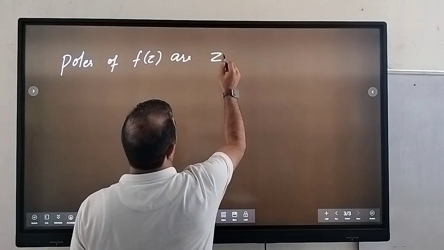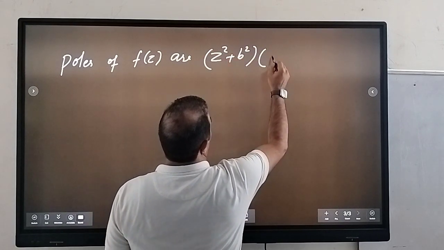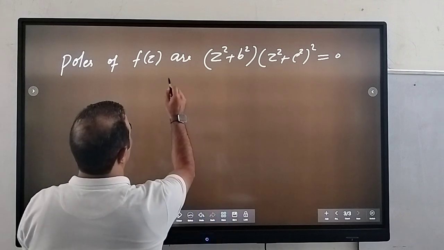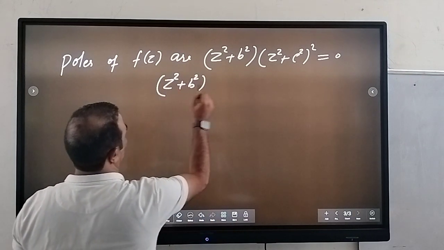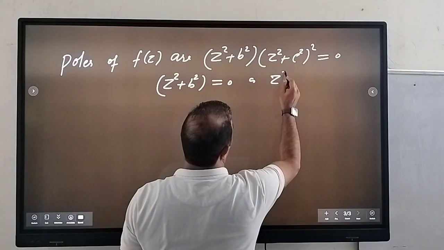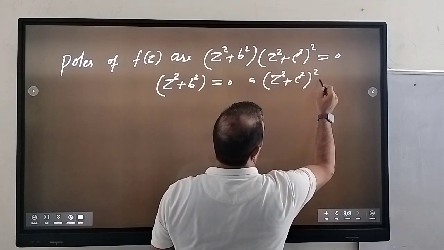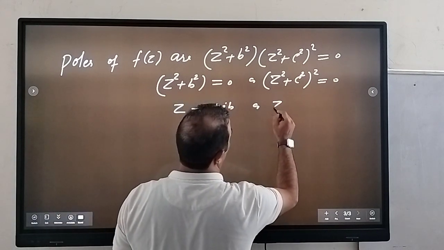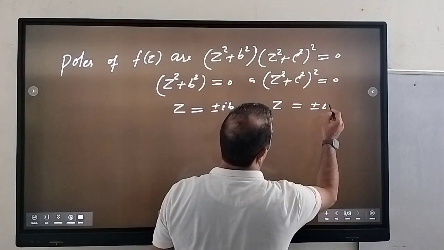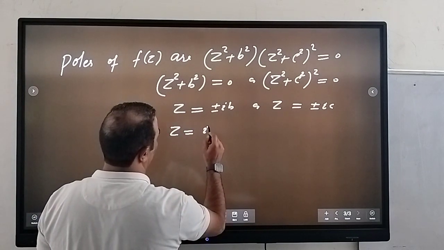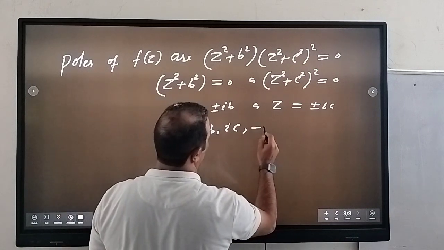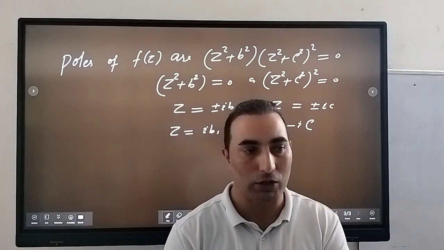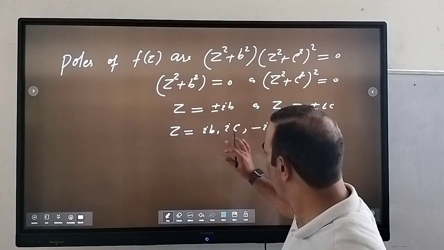So that is equal to, okay, so that means we can have four poles here, because at poles our function is not analytic, or you can say that a singularity exists at that point. So we can have these four poles.